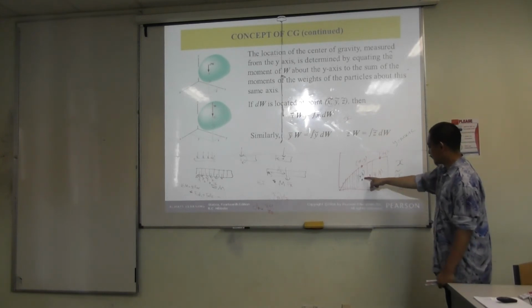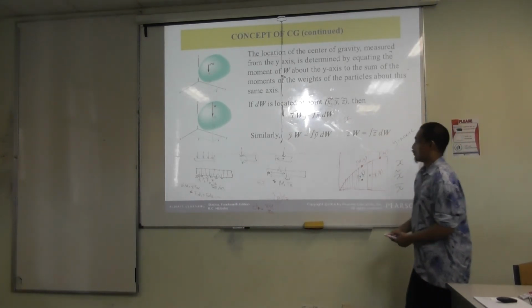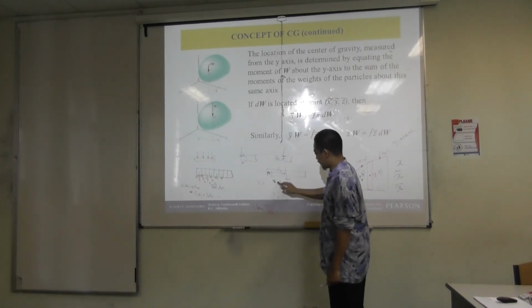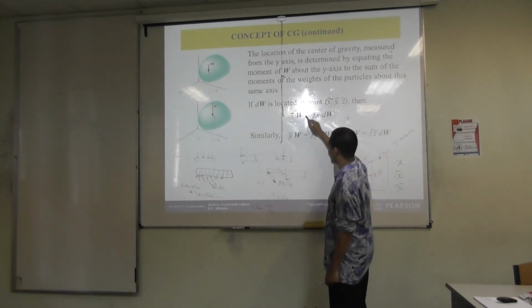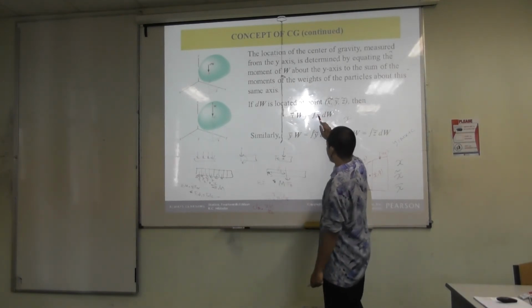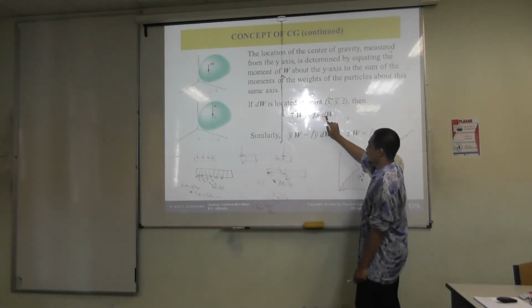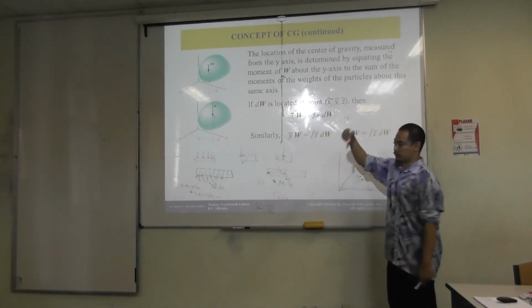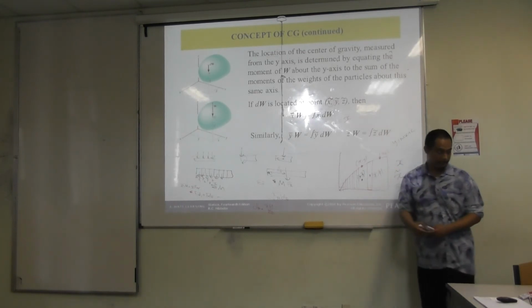This one is for the whole thing. So going back to here, this is the final distance, this is the total force of weight, this is the summation of each individual distance and force. If we use the word force here, why is it W? Because we deal with weight, gravity.